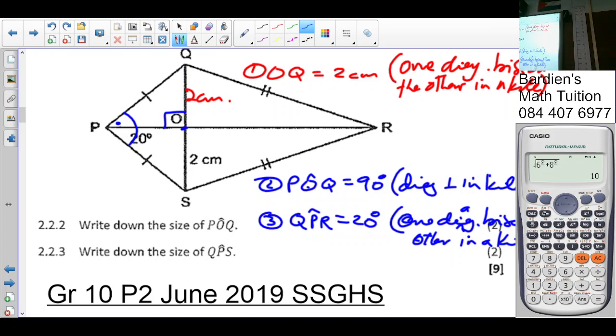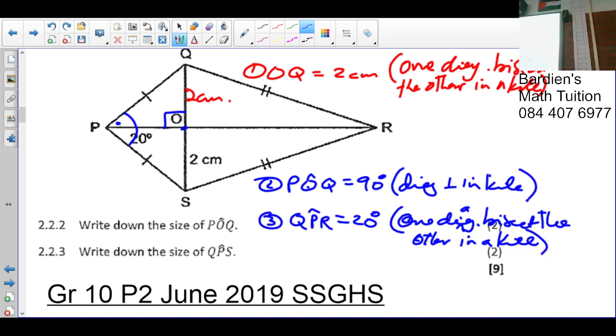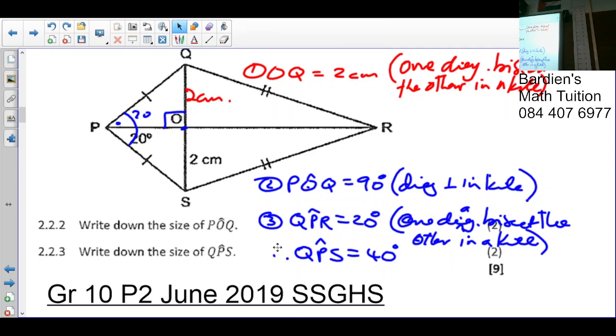Okay, here you must take a calculator. Alright, so therefore QPS is equal to 40 degrees. No reason required. Okay. You could have gone straight to QPS is equal to 40 degrees, one diagonal bisects the other in a kite, and we know it is implied that that angle is 20. Okay, but we just normally go through it systematically.